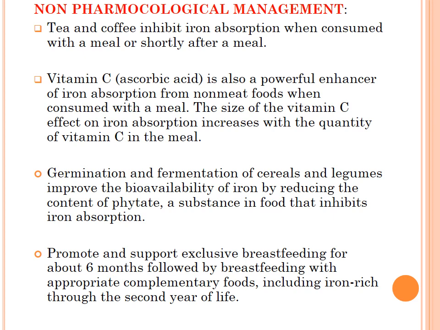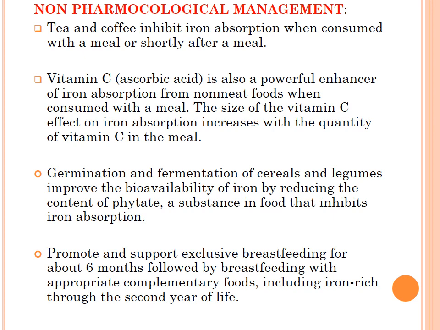इसमें यही है कि मील के बाद या मील से पहले we avoid taking tea or coffee. Why? Because they inhibit iron absorption. Second, we should increase the content of vitamin C in our diet because vitamin C helps in iron absorption.